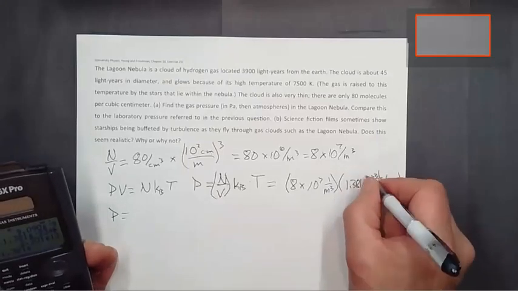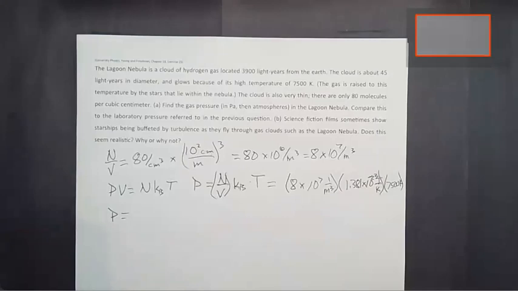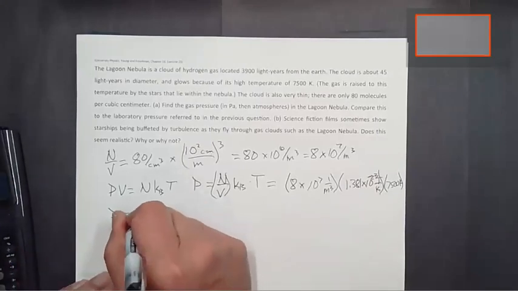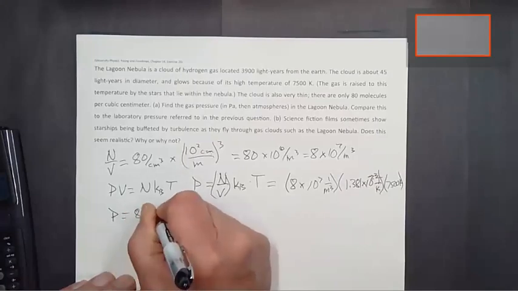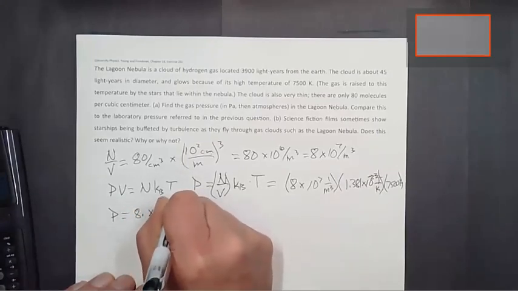Boltzmann's constant is a minus 23rd. Okay, it's not much for the pressure. I'm getting, basically, we'll just call it 8 times 10 to the minus 12th.